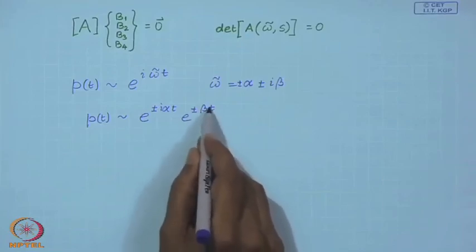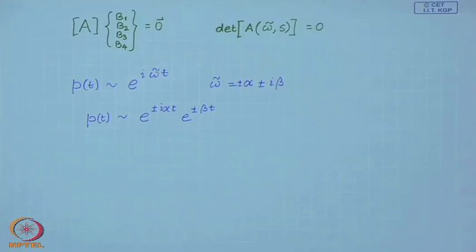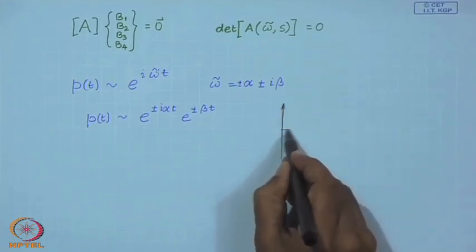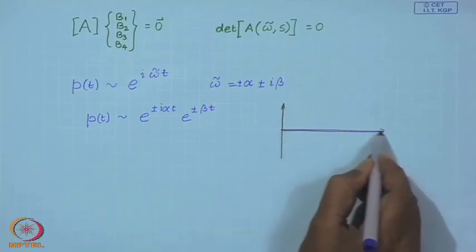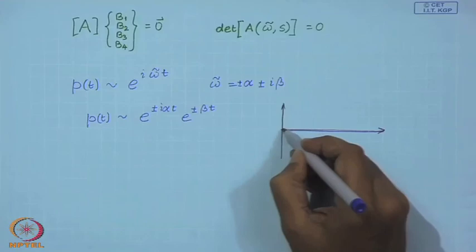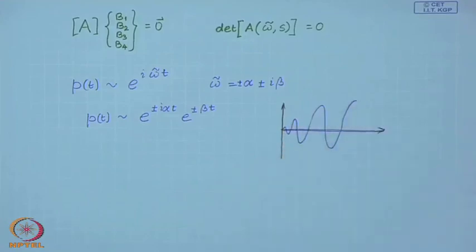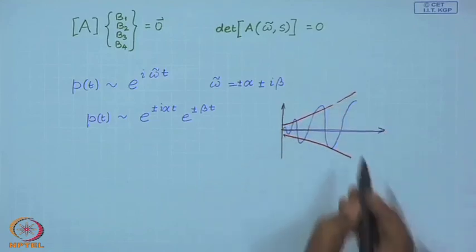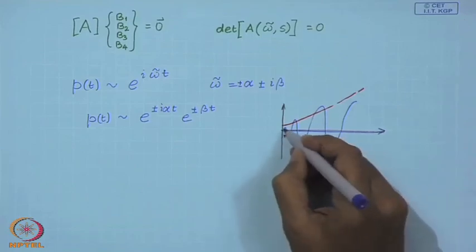So, you have an exponential term along with a fluctuating component, which means the solution will look like this, with an exponentially increasing envelope.